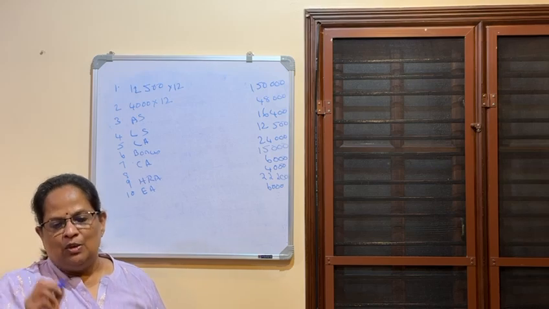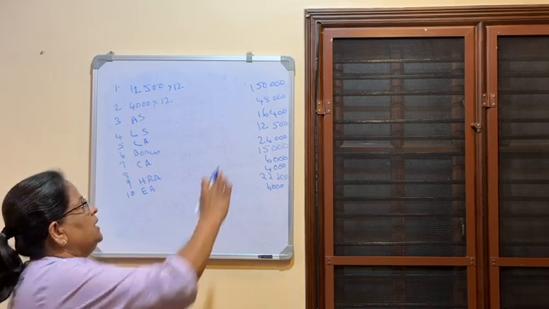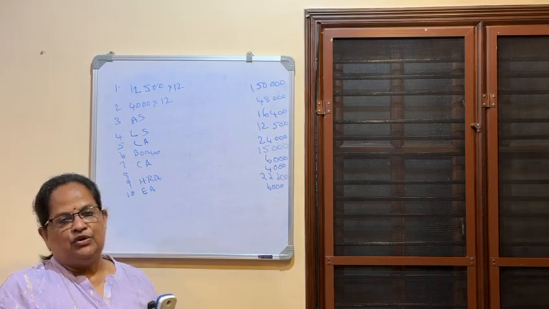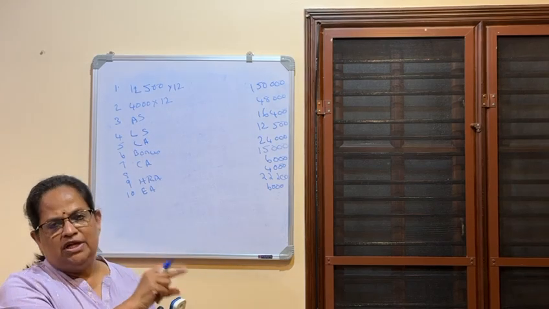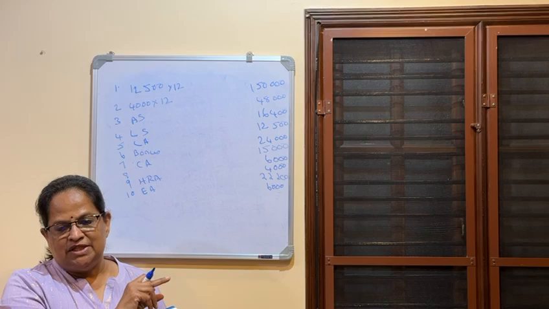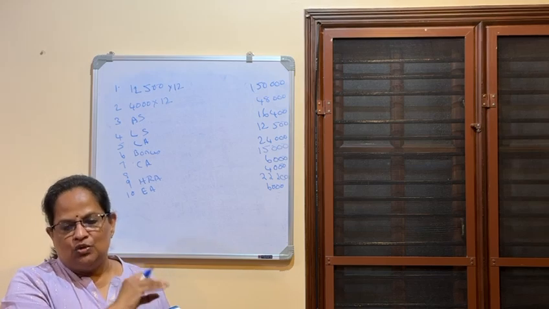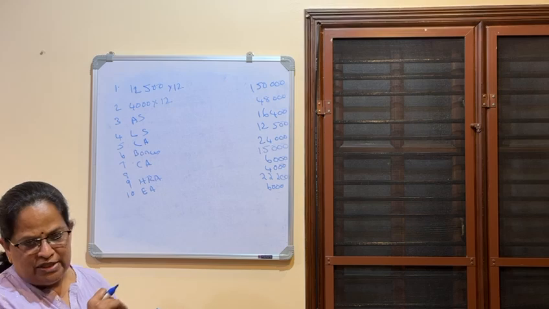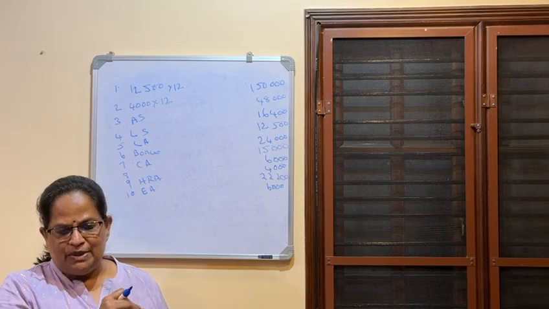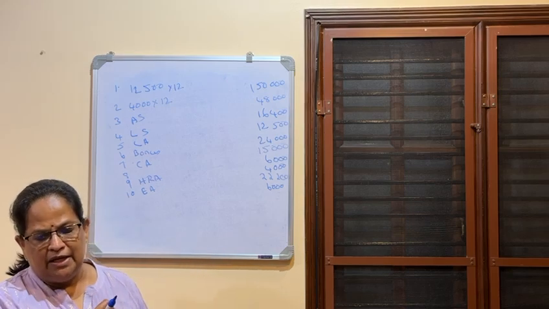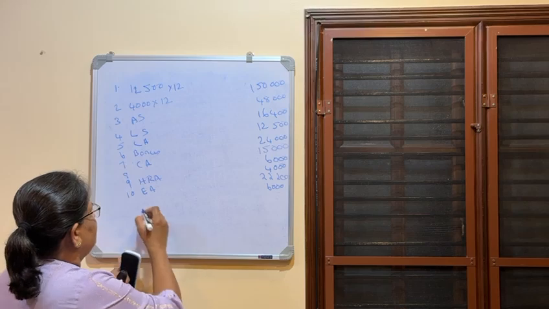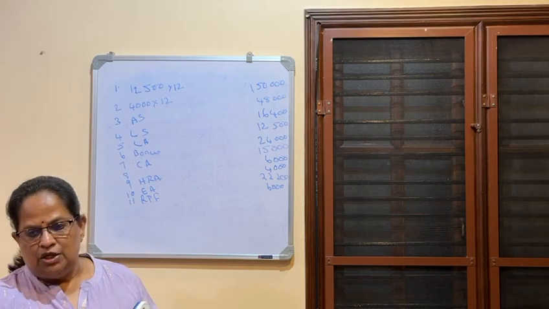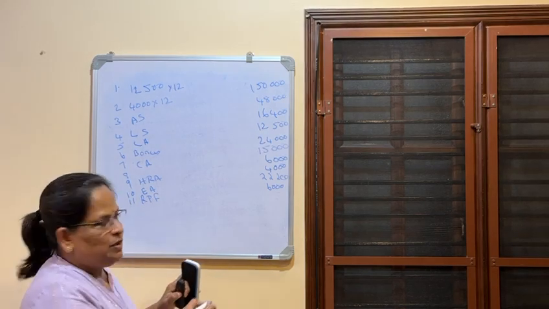So salary is 1,50,000 plus 24,000, that is 2,000 into 12 from dearness allowance which is entering into retirement benefits. So 1,74,000 is the computation. 15% is 26,100. 12% is 20,880. So the RPF contribution taxable is 5,220.